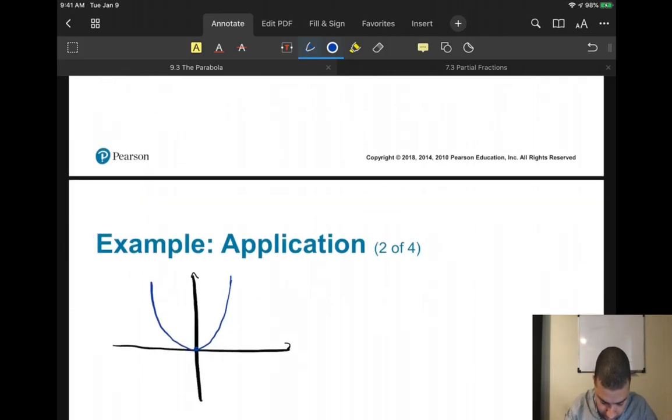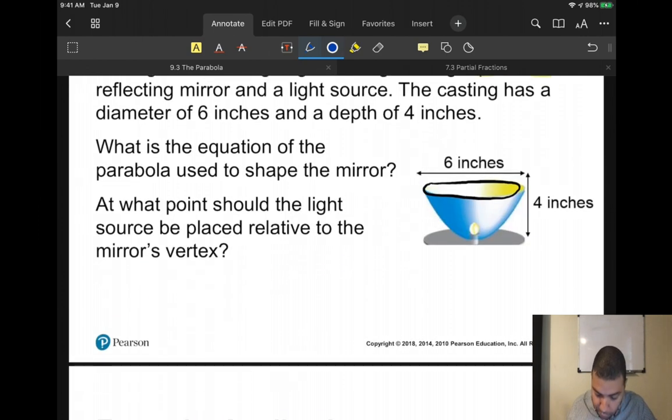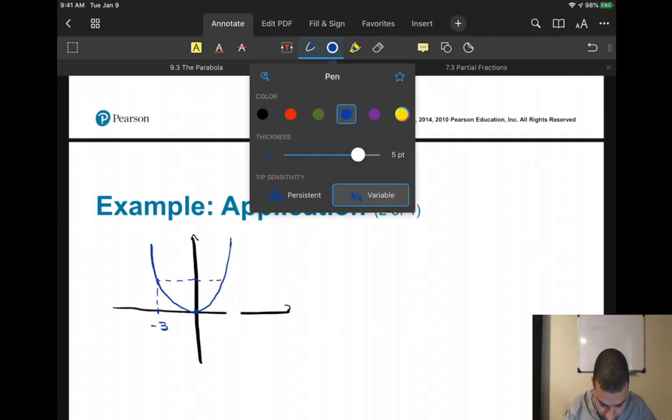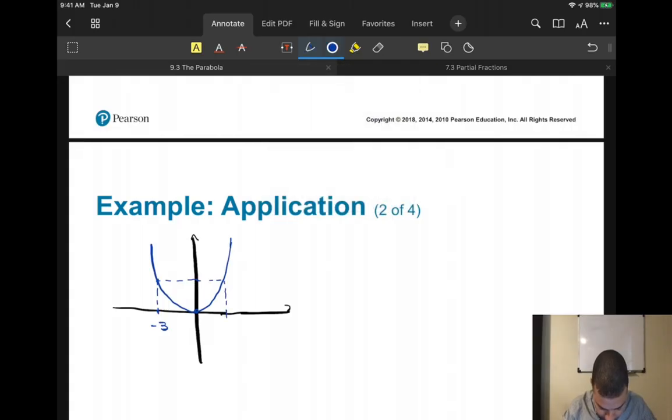So remember 6 is the total. So it's 3 to the left, 3 to the right. So that's 3, that's -3. And because the depth will be 4, that means the coordinate here is 4, right? It's not very good symmetry there. So I'll correct my points. So that's (3, 4). This is (-3, 4). Okay?